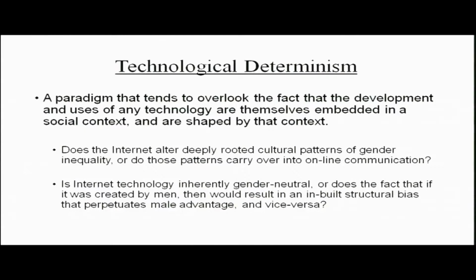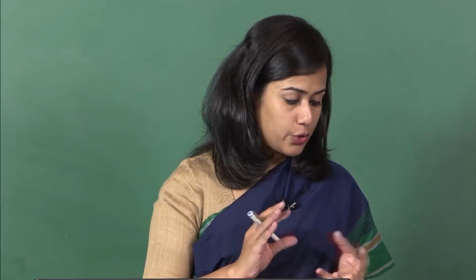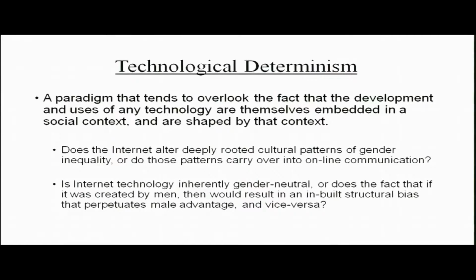However, we see that the pattern of usage, the nature of use, and the reasons for using the internet vary according to gender. So this is one of the starting questions: do those patterns carry over into online communication?